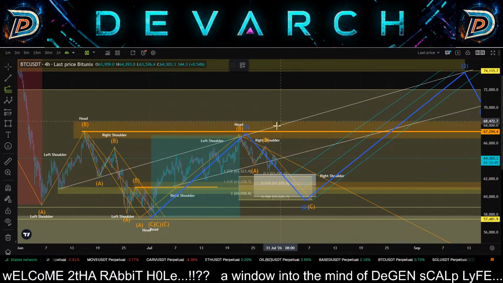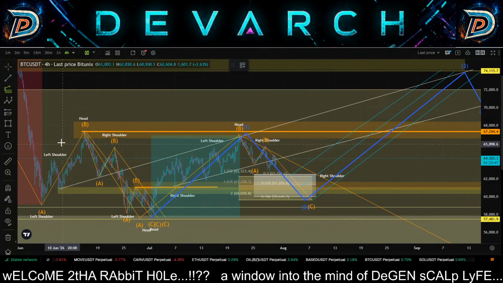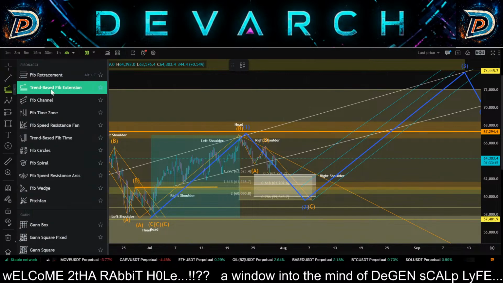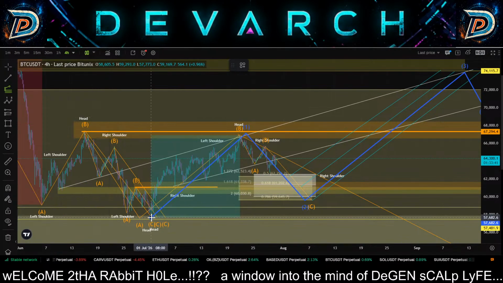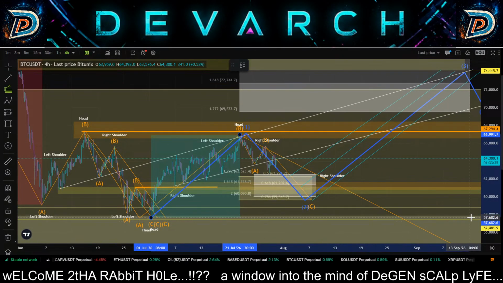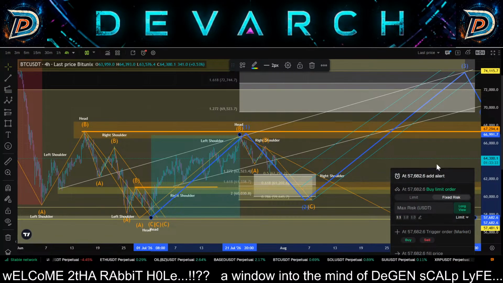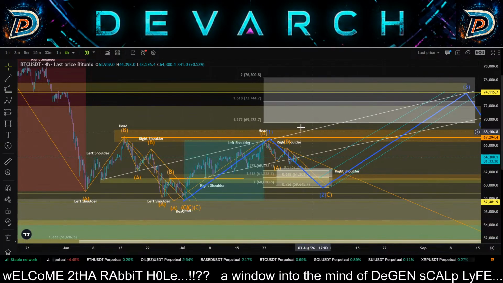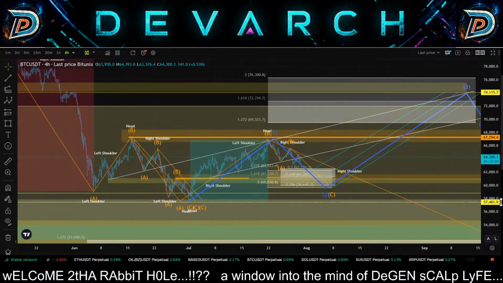Okay, so here's how we map. The Fibonacci wave extension tool, trend-based fib extension, from the bottom of the wave to the top of the same way we mapped the corrective waves, we can now map an impulse wave because we officially had that structure break.